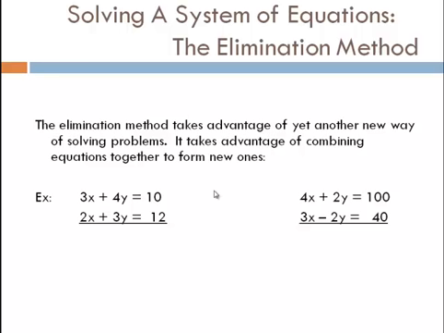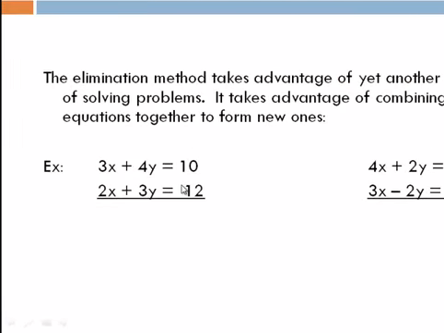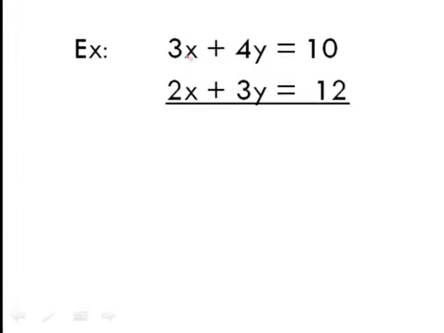As a quick example, notice I've got two systems of equations here, and I lined them up, x's on top of x's, y's on top of y's, equals on top of equals, numbers on top of numbers. And I'm going to add these up, old school addition style, column by column. So if we add 3x's and 2x's together, we get 5x's.